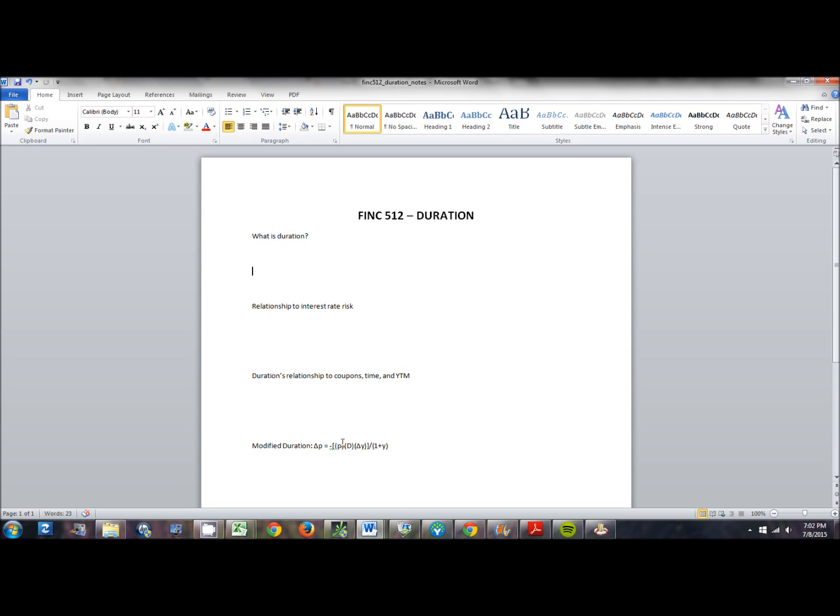Essentially, each one of these points builds on the previous point. And so the idea here is we've worked to build up to this crescendo, which is duration's most applicable use.